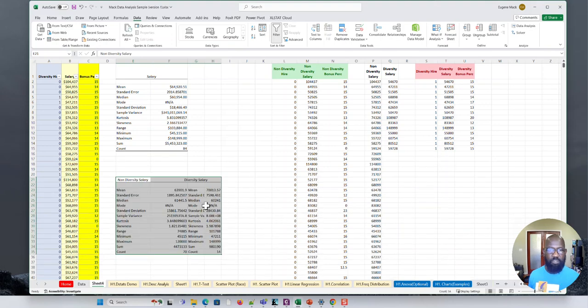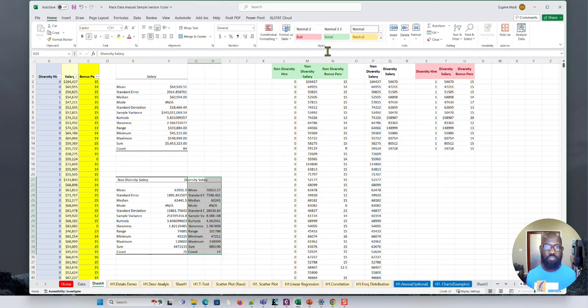And here I am now, again, with output that's comparing, or showing you at least, the statistics from both the diversity and non-diversity. So I look at it this way. Here, you have your non-diversity. Sometimes I like to color code things just to visualize it easier. Let's just fill it in with a light color.